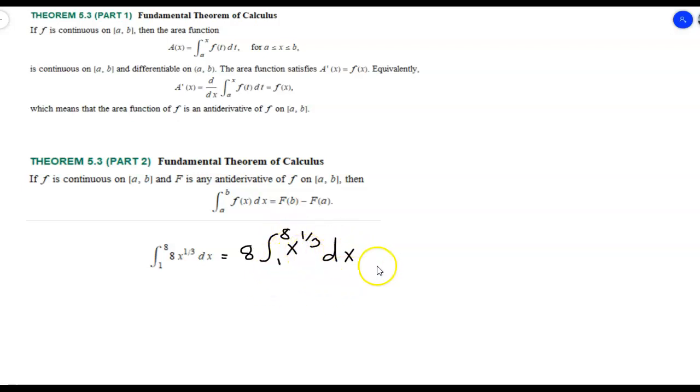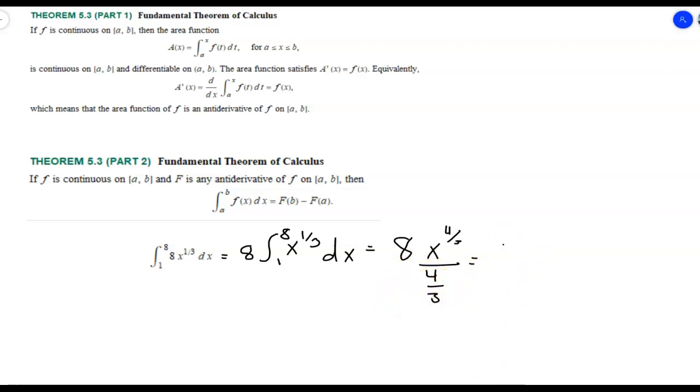All right, and now I can apply the power rule. So this is equal to 8 times x, and we're going to add 1 to 1/3, which gives us 4/3. This is the power rule for antiderivatives, all divided by 4/3, which is going to be multiplied by the reciprocal of the denominator.